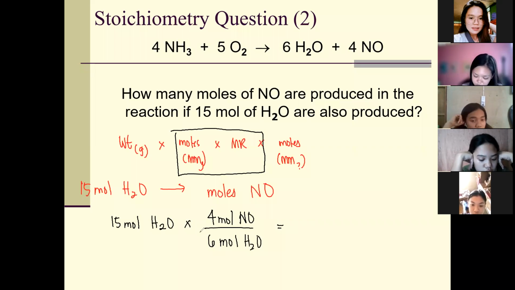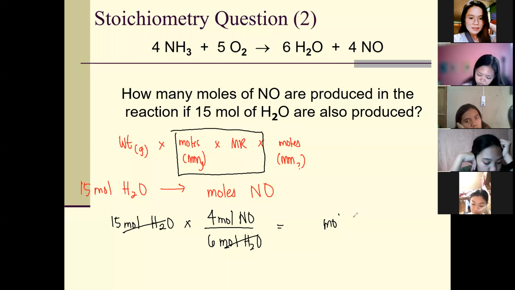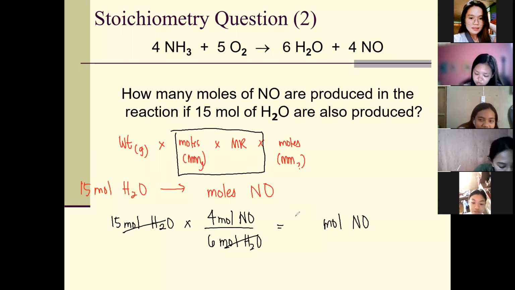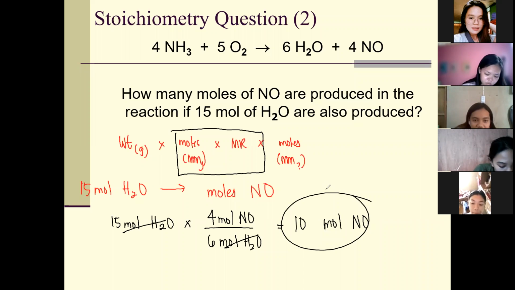Always remember to write what is the given in the problem sa baba so that we can cancel the unit like this one. Moles. And then what is left here is moles of nitrogen monoxide. So 15 times 4 is 60 divided by 6. That's 10.